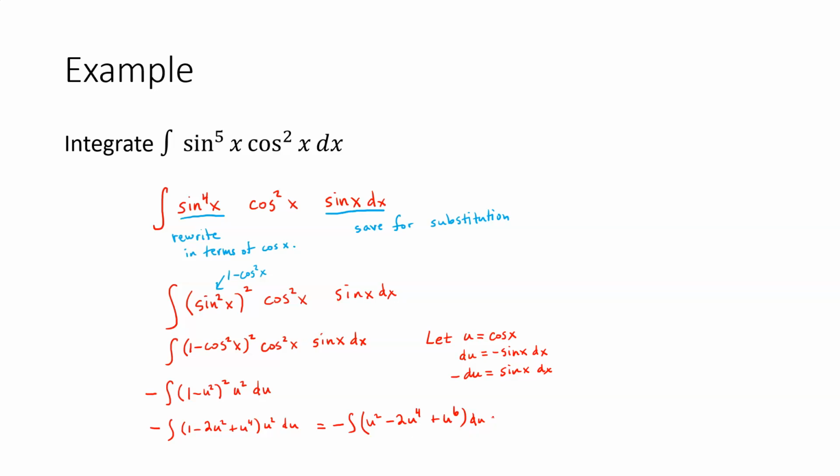Now we're ready to integrate. So then integrating, we'll have negative 1/3 u cubed, and then here we'll have 2u to the fifth over 5, and then here 1 over 7 u to the 7. Notice while I was doing that step, I also distributed the minus sign.